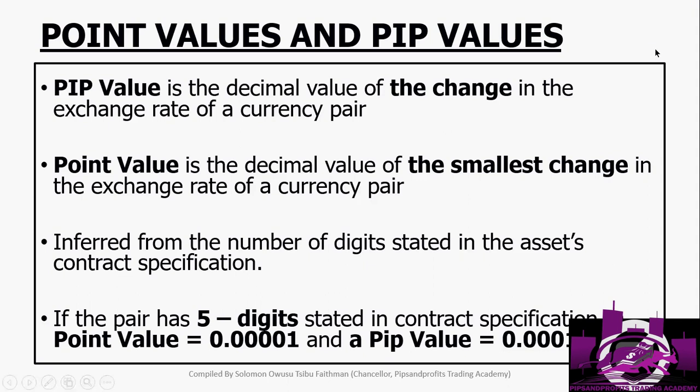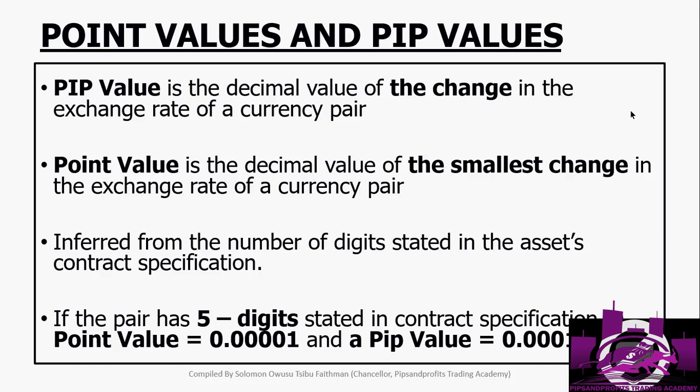And where do we get the pip value and the point value from? You infer it from the number of digits stated in the asset's contract specification. So for instance, when you go to your asset contract specification, you see the digits.